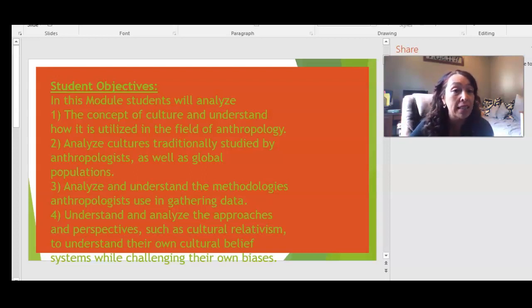Third, we're going to analyze and understand the methodologies that anthropologists use in gathering data, things like fieldwork and participant observation. Fourth, we want to understand and analyze the approaches and perspectives, such as cultural relativism, to understand our own cultural belief systems while challenging our own biases. And it's always fun because we get to learn about the other cultures in our classroom too.